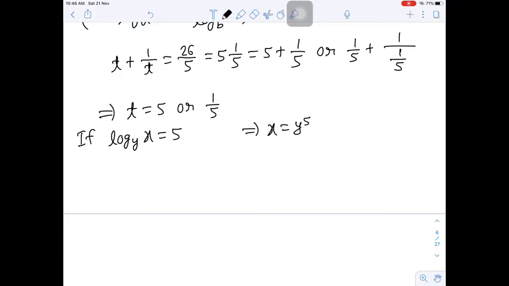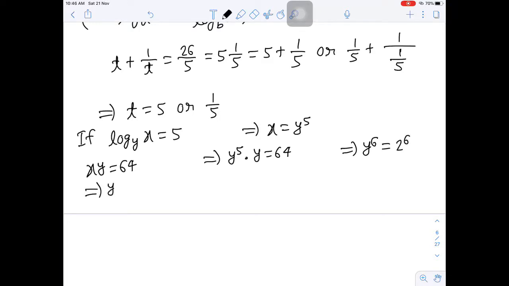Now we also know that xy is equal to 64. So in place of x we can substitute y to power 5 into y equal to 64. So we will get y to power 6, and that's equal to 64. That's nothing but 2 power 6. So by comparison you will get y equal to 2.